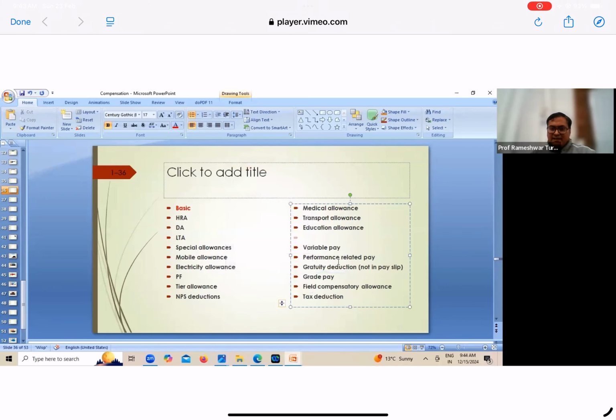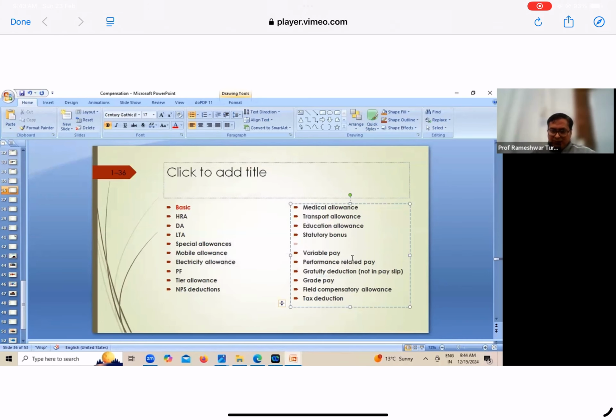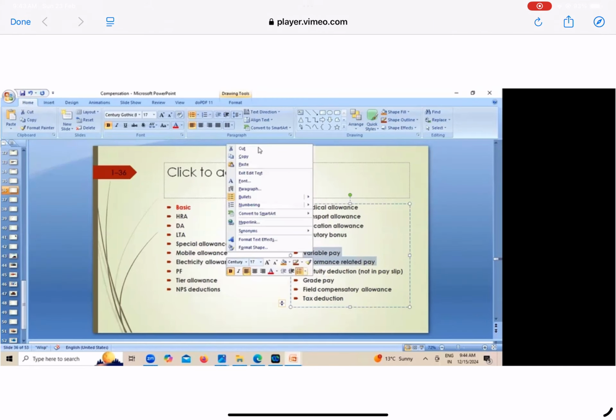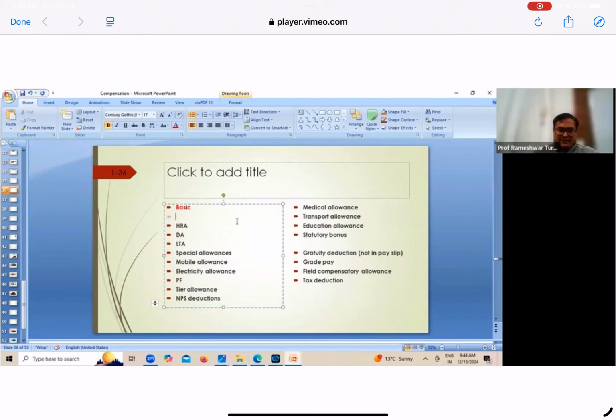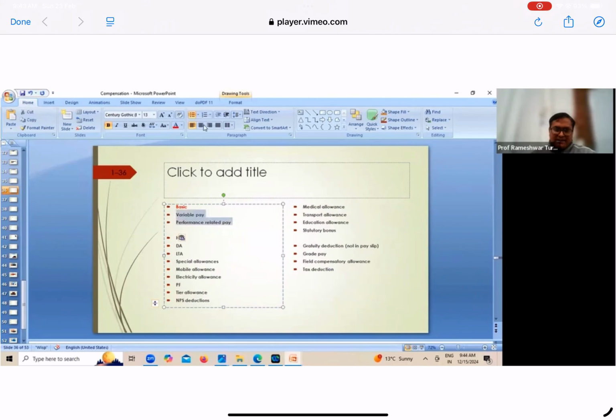One is basic. Second, you have different types of allowances. And then you have deductions. Deduction is a fourth category, I can say. But deduction is not what you are getting now.